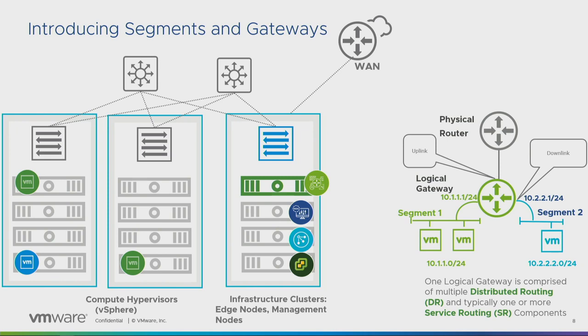One of the components is the distributed router component. As a matter of fact, every ESXi host has one DR, or distributed router component, of that same logical router. So if you have one logical router and, in this case, 8 ESXi hosts, you have 8 DR components running in the environment. But they are all part of the same logical router.